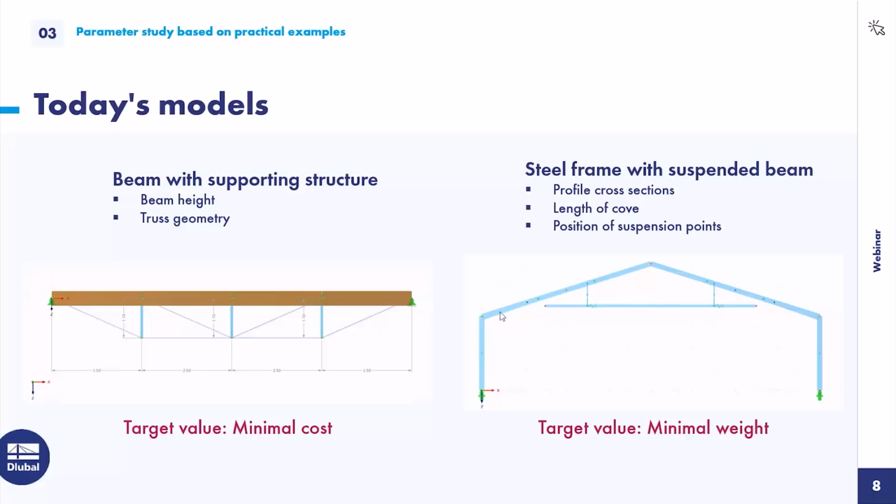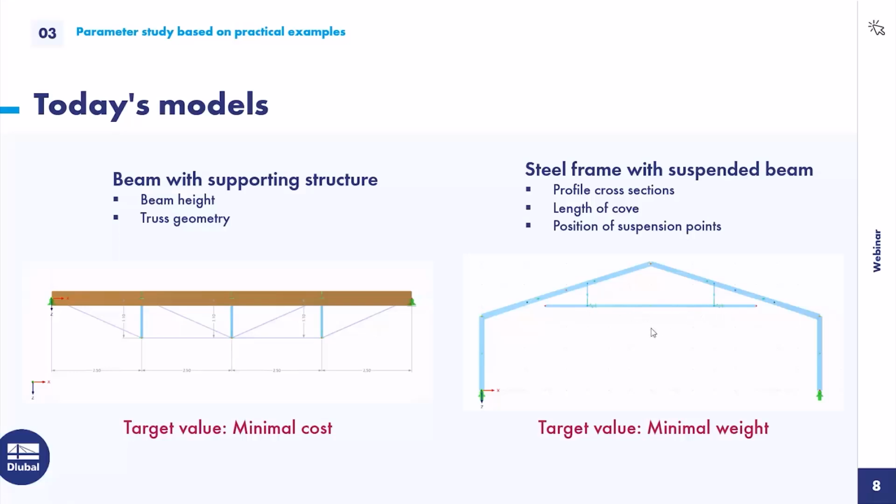Also, there is some geometrical variation here, and I tried to make a system where it is not easy to see what is best at first glance, because these points of the suspension are also movable, and we will find an optimum for this beam here.